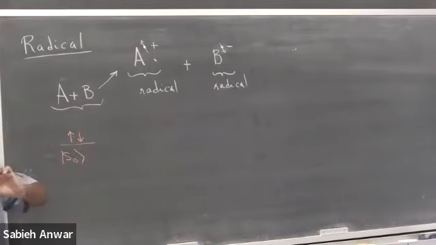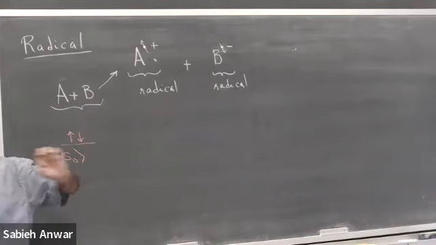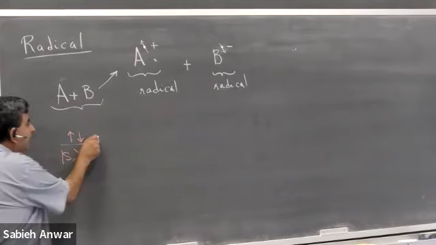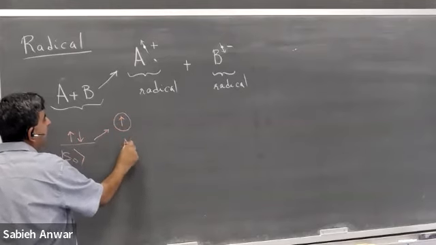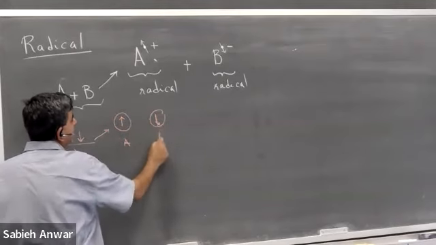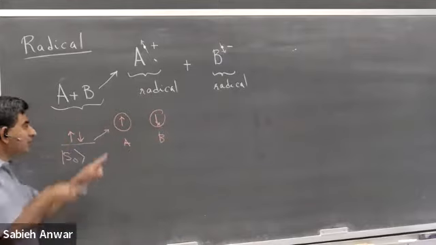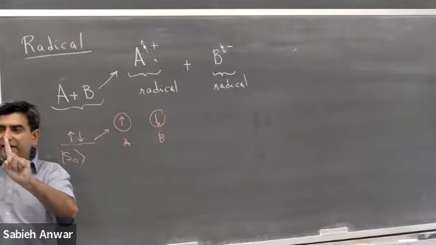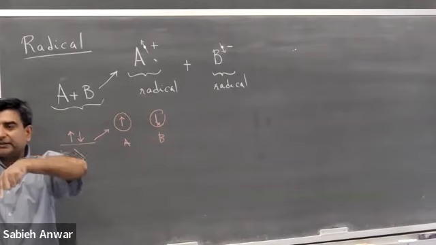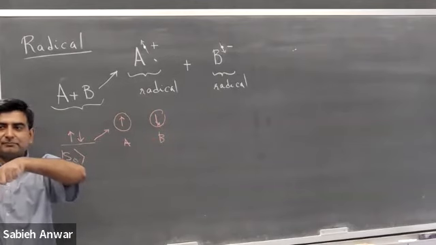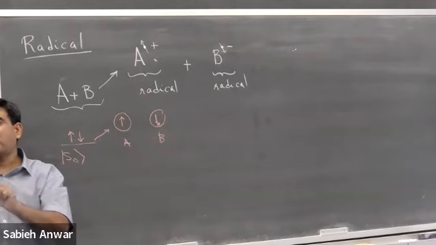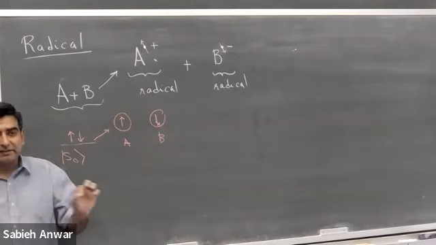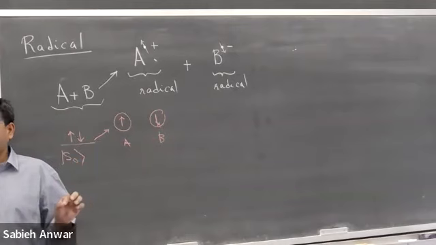Now if I break apart these electrons, partition these electrons, one electron goes to A, spin up, this belongs to A, and the spin down belongs to B. So this correlation between the spins, this anti-correlation between the spins, one up, the other down, one down, the other up. This singlet character of the two electrons is preserved as the electron transfer takes place. Got it?